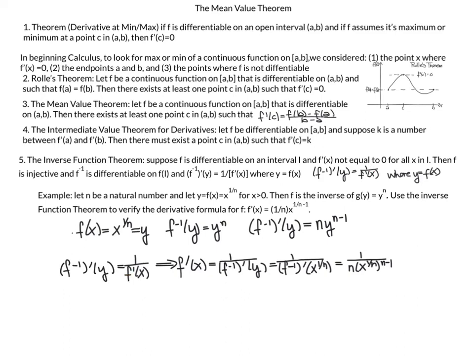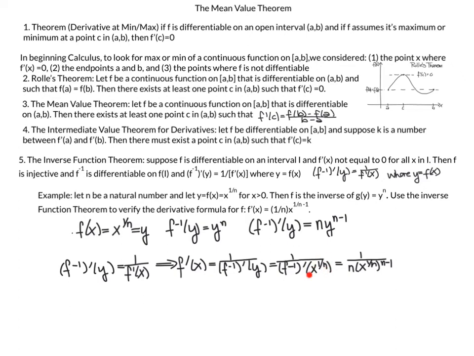So I have f prime of x is equal to 1 over f inverse prime of y. And I'm almost ready to plug in. But one thing is, because this is f prime of x and my variables are x, I should really rewrite this y so it's in terms of x. And I have that formula right here, which is f of x. So my f prime of x is going to be 1 over f inverse prime of x to the 1 over n.